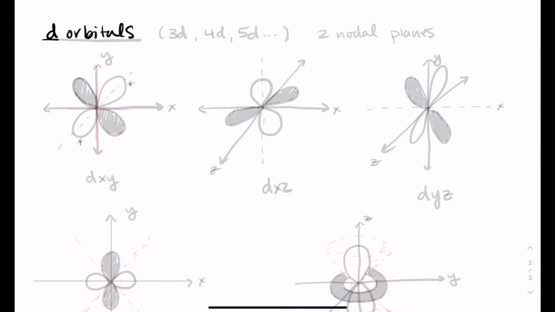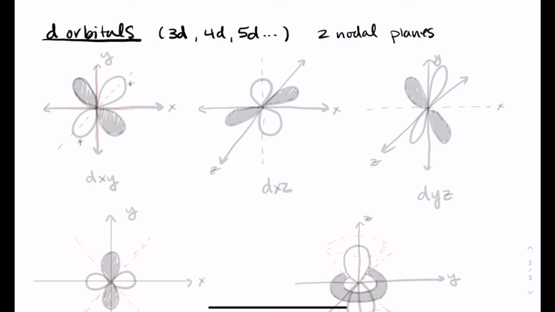The d orbitals, so now the lowest energy d orbital we can have is 3d. These have 2 nodal planes, and there are 5 of them. So there are 5 d orbitals to know the shapes of and be able to sketch and label. So the first 3, you're going to see this pattern here.